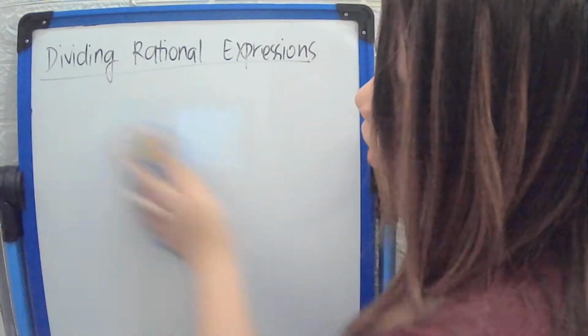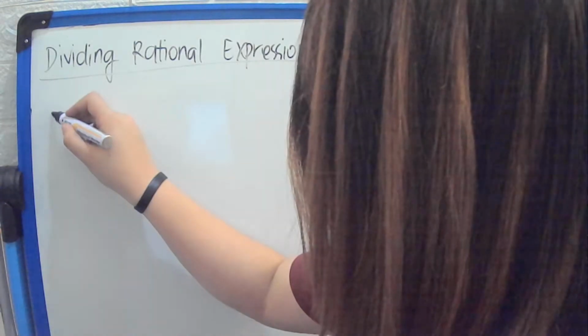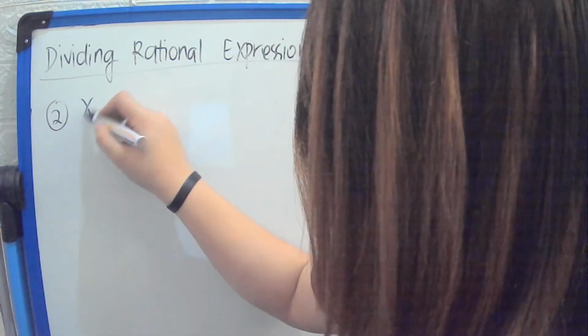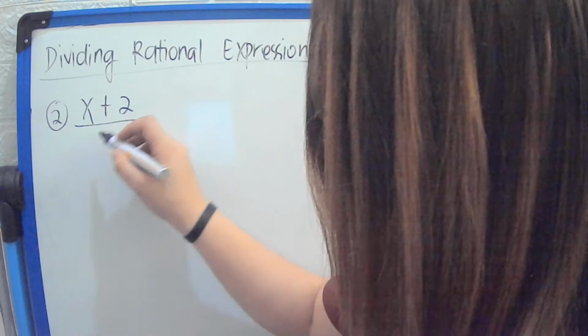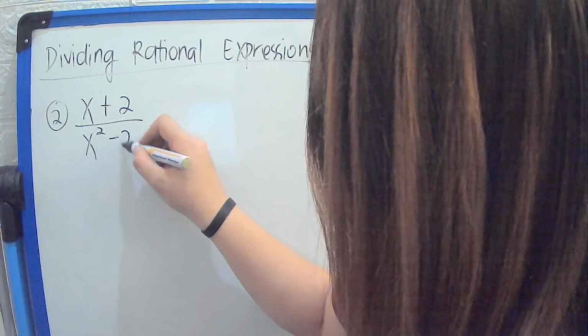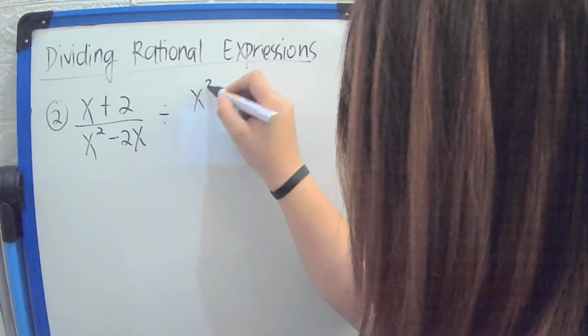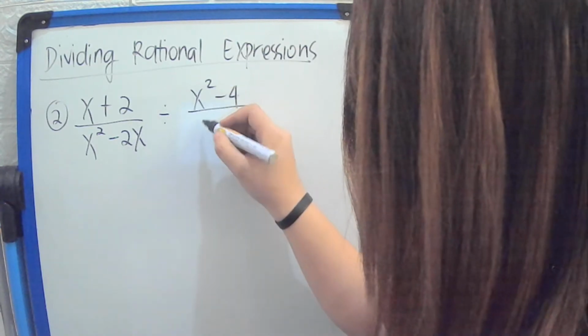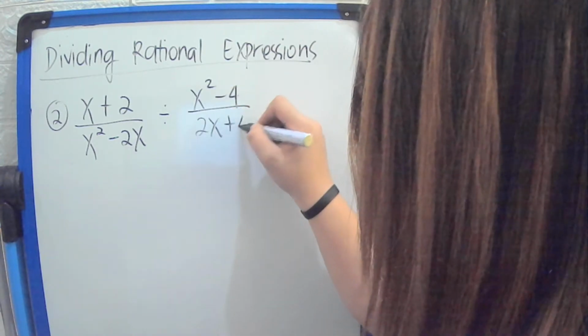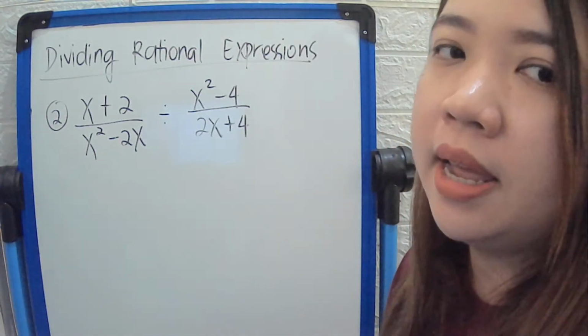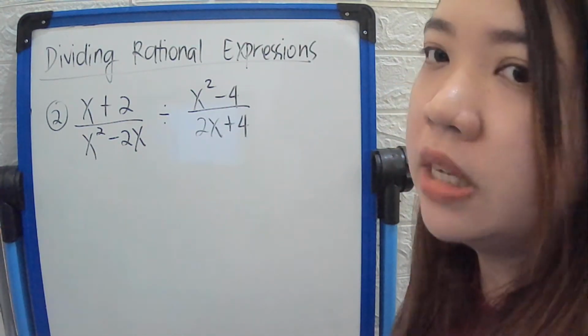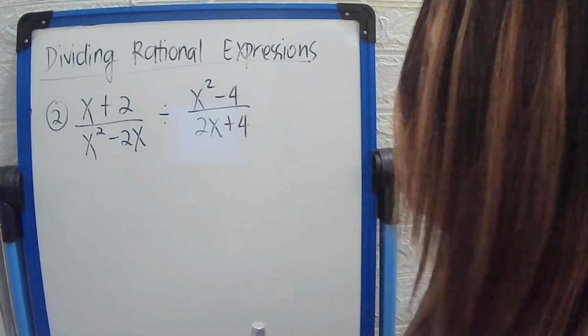If you are given binomials, let us have x plus 2 all over x squared minus 2x divided by x squared minus 4 all over 2x plus 4. So before applying any factoring method, you have to reciprocate the divisor.